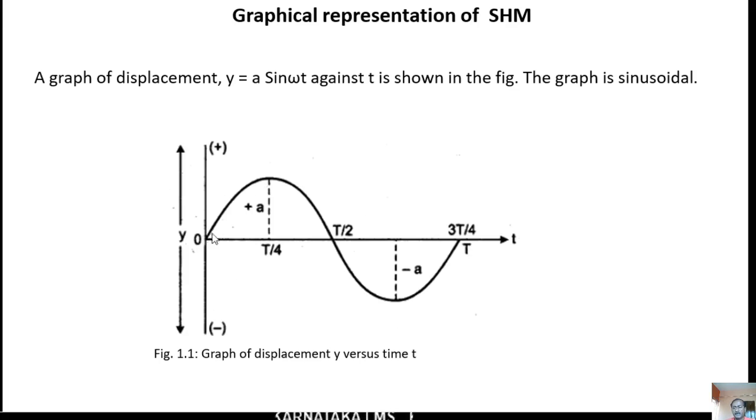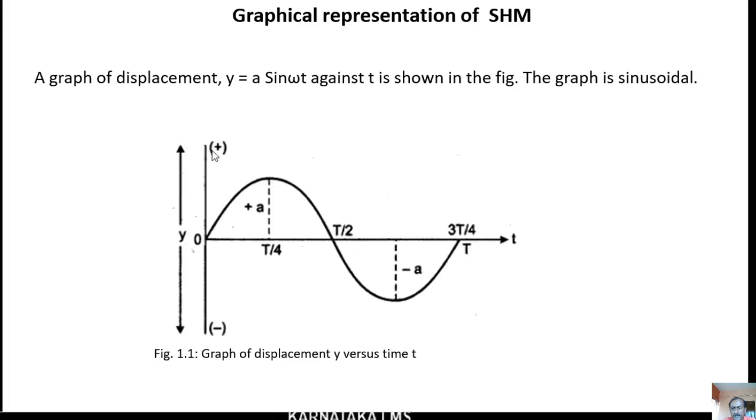When small t is equal to 0, the particle is at the equilibrium position or mean position, that is at the point O. When the particle starts moving along the y-axis in the upward direction, from here to here, it covers 1/4 portion.